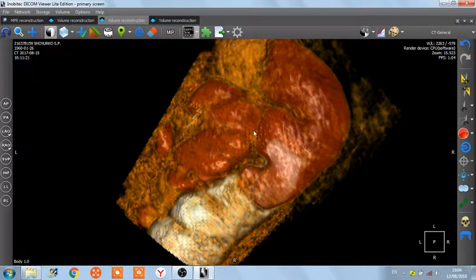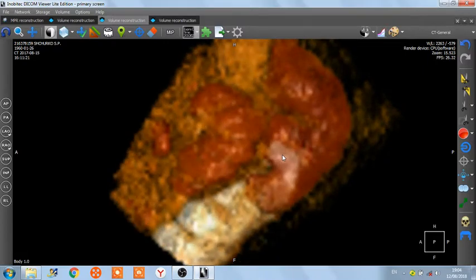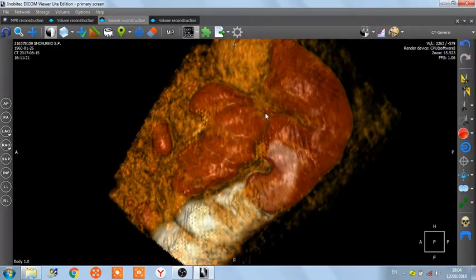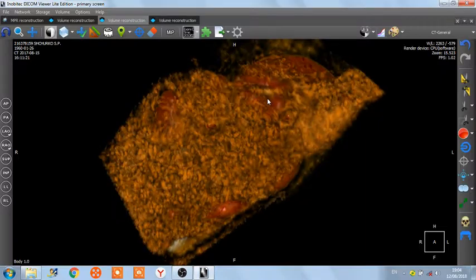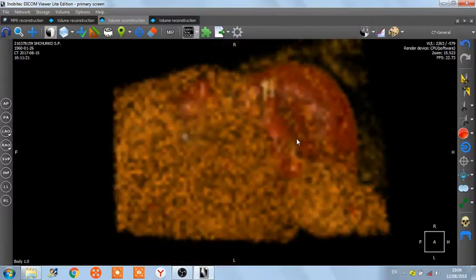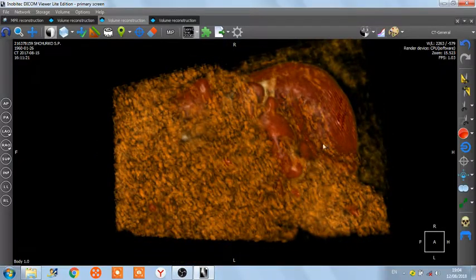Actually those round ones were joined with arteries in the middle somewhere there. There is a kidney.